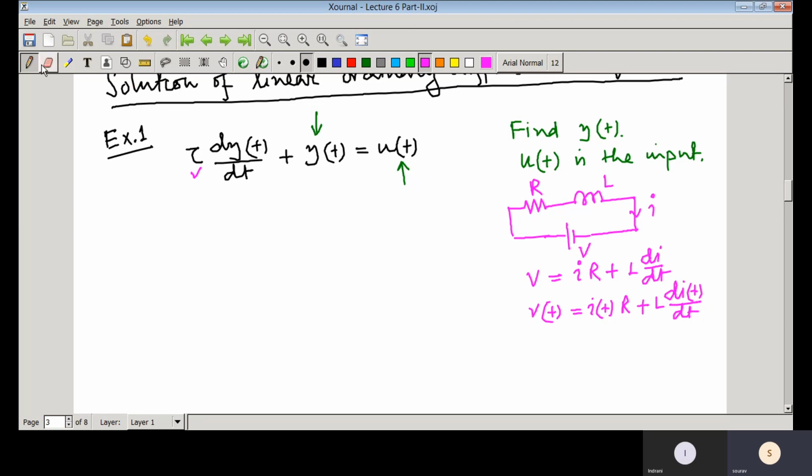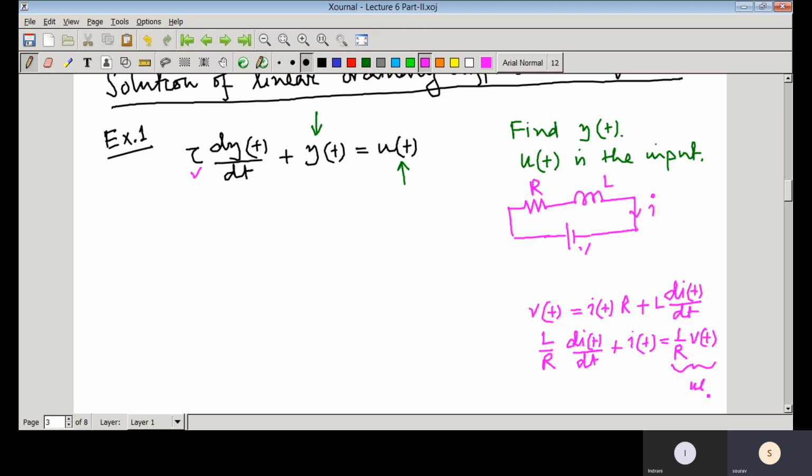So this is that KVL, and now if you just divide by R, you will get L/R di(t)/dt plus i(t) equal to 1/R v(t).